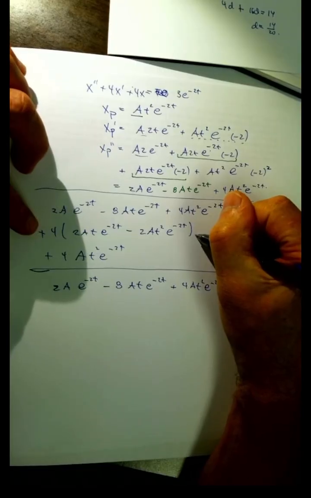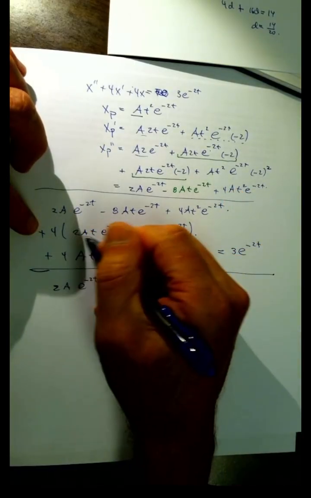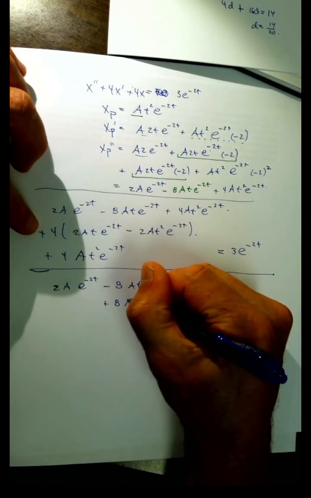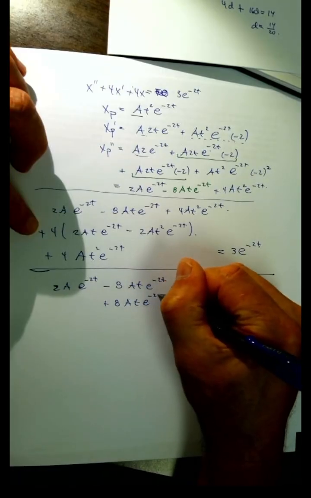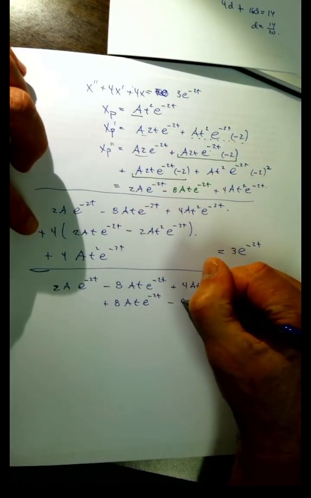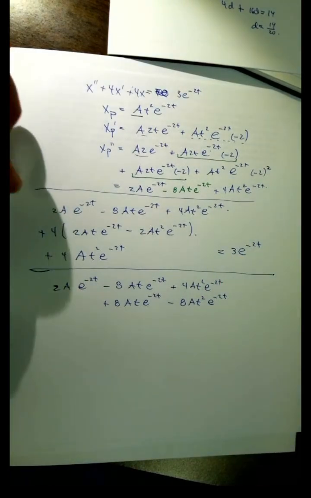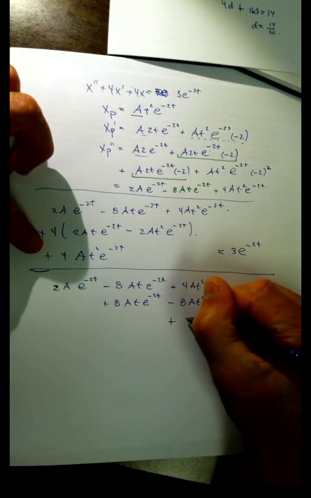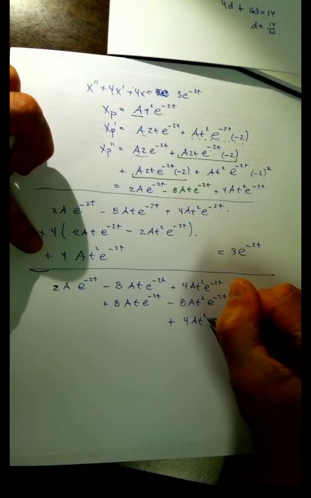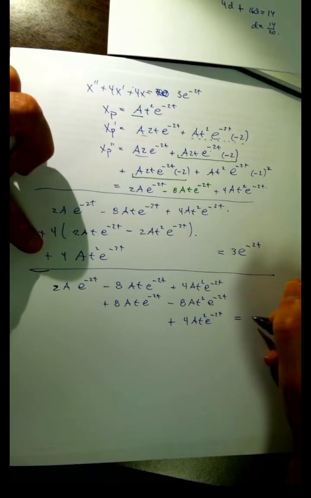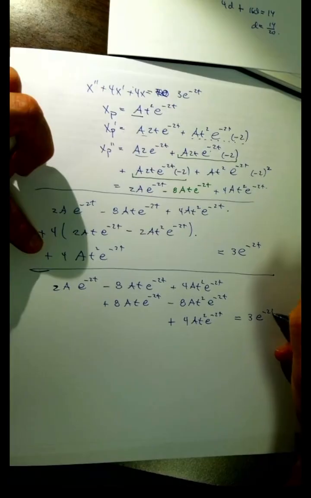I'm going to multiply through by the 4, so this becomes plus 8at e to the minus 2t minus 8at squared e to the minus 2t. And I'm going to add this term, 4at squared e to the minus 2t. This all has to add up to 3e to the minus 2t.